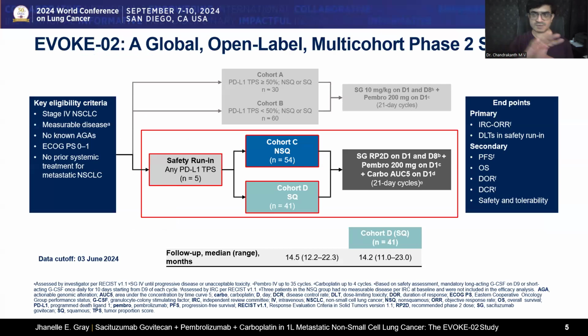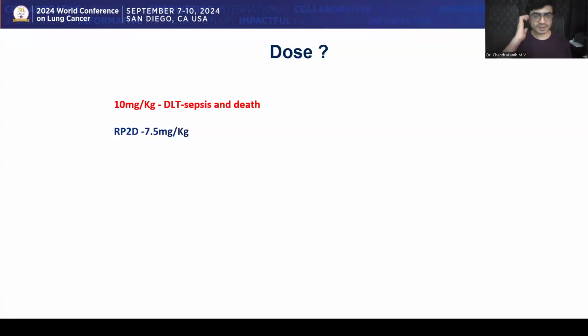Pembro plus carbo plus Sacituzumab Govitecan. Cohort C was non-squamous and cohort D was squamous. This is how the trial design looks. Just remember cohort C, cohort D. Dose of sacituzumab: if you are giving Sacituzumab Govitecan as monotherapy, it is 10 milligrams per kg.